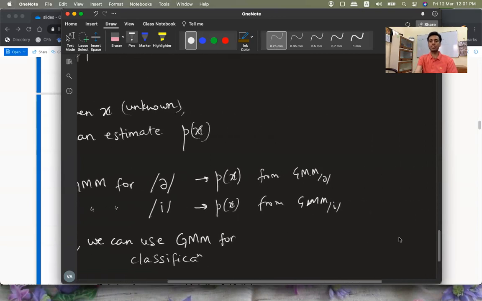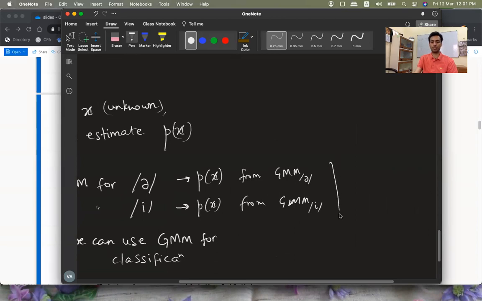But in this case, this part is supervised, because you were given all the x which belong to the A sound, and you were also given all the x which belong to the E sound. Then within the data set of all the A sounds, you did an unsupervised clustering using GMMs. And similarly, within the E sounds, you did an unsupervised clustering using GMMs.